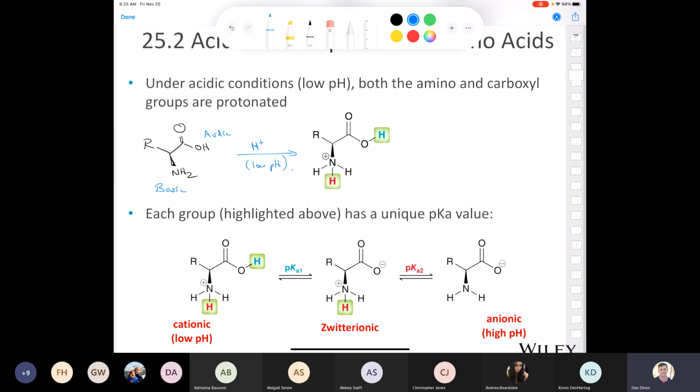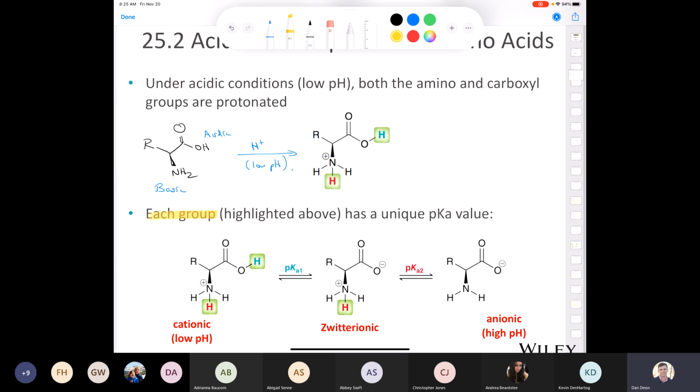If we look at this positively charged amino acid, now we've got two acidic protons, the one highlighted in red and the one highlighted in blue. Each group highlighted above has its own unique pKa value.